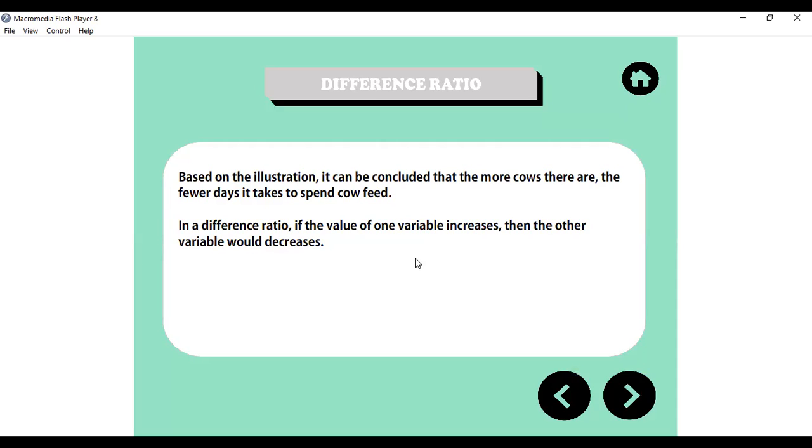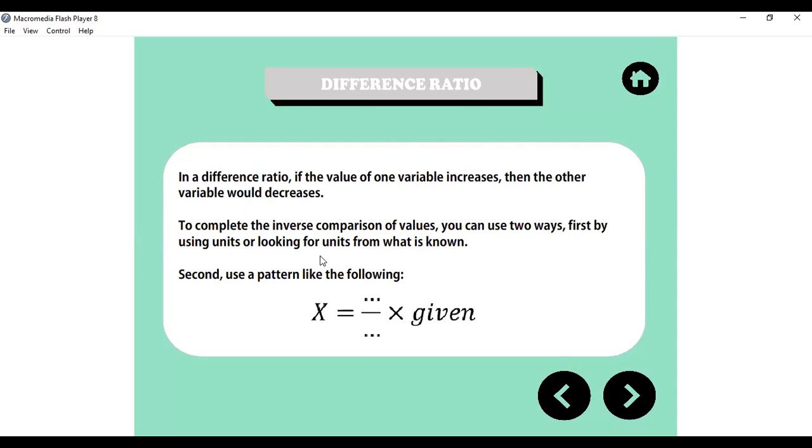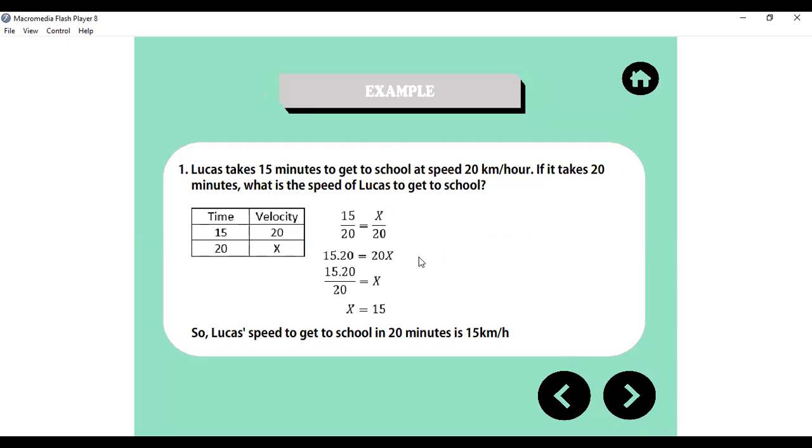Based on this illustration, it can be concluded that the more cows there are, the fewer days it takes to spend the feed. In a different ratio, if the value of one variable increases, then the other variable will decrease. This is the other explanation about different ratio. And this is the example.